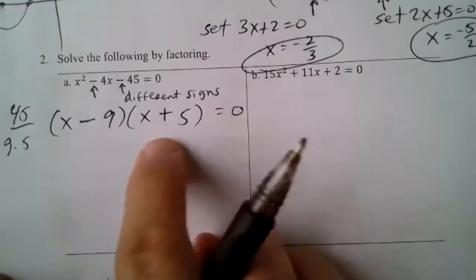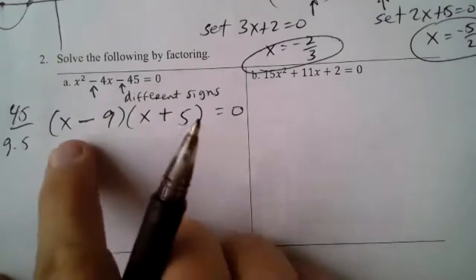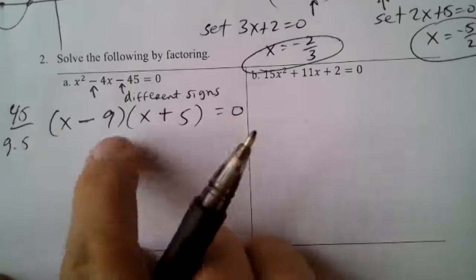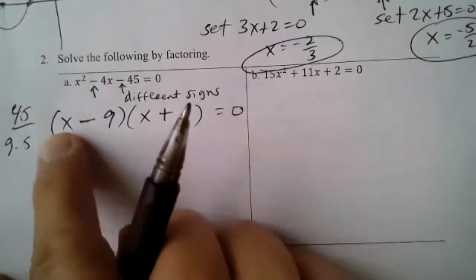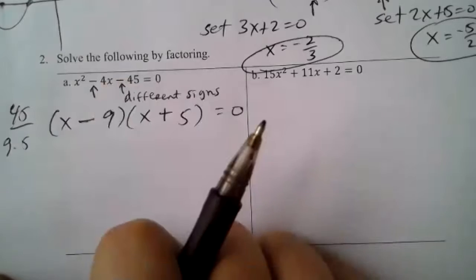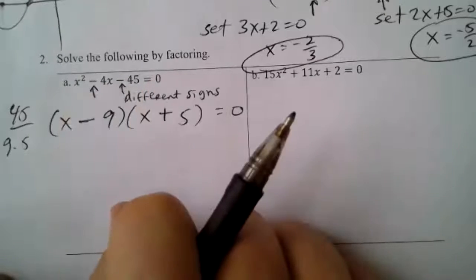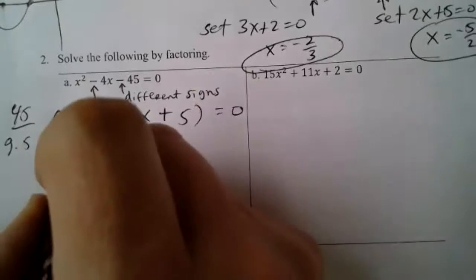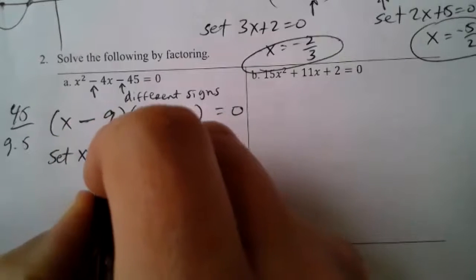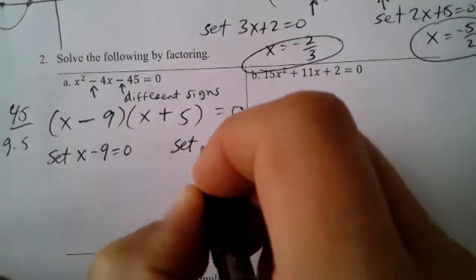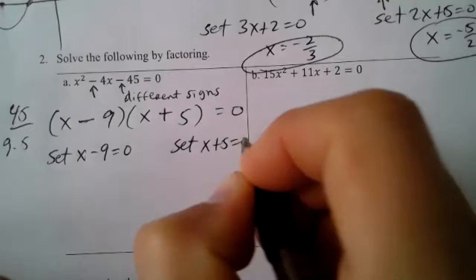So when you multiply negative 9 times 5, you get negative 45, x times x is x squared. And then if you do the inner terms, which is negative 9x and 5x, you get negative 4x, okay? And so that's factored form. Now, all we have to do is, by the zero product property, set x minus 9 equals 0, and also set x plus 5 equal to 0.